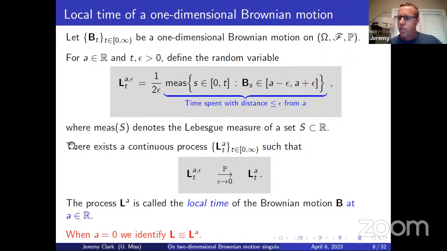There exists, and this is a textbook theorem, a continuous process L such that L epsilon converges to this L. So L epsilon converges as epsilon goes to 0 to something that we call the local time of the Brownian motion at the point A. When A is 0, we're just going to leave off that index. This is measuring in some way how much time the Brownian motion spends at the point A.